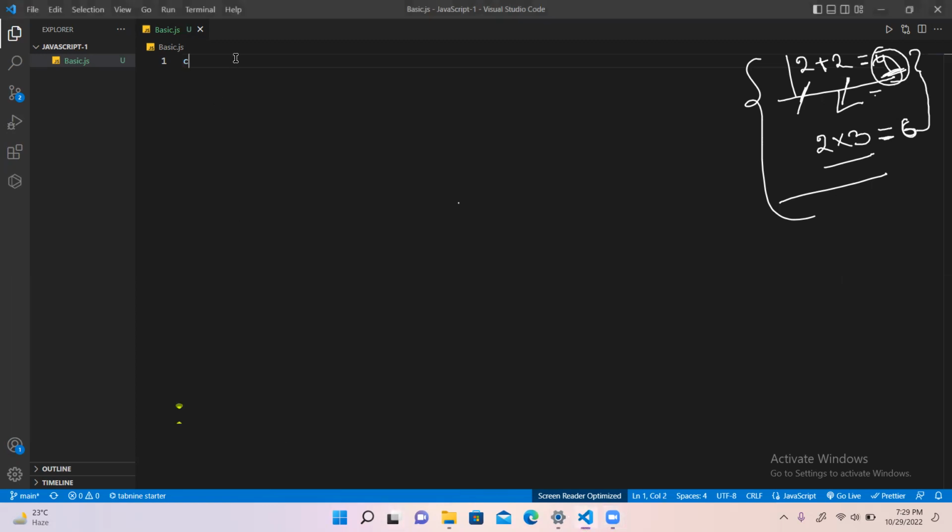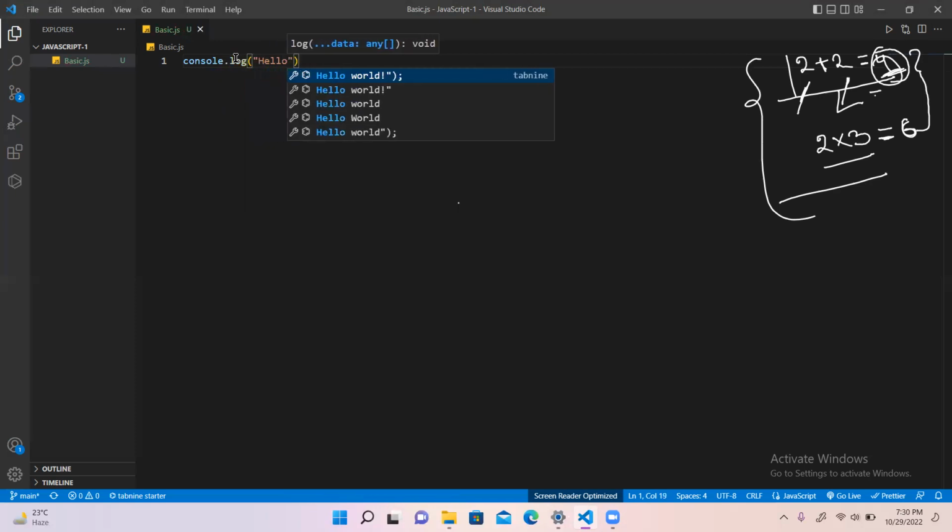When we start coding we print hello world. Inside JavaScript, to print a value you use console.log and write anything, like your first printed word, hello world.